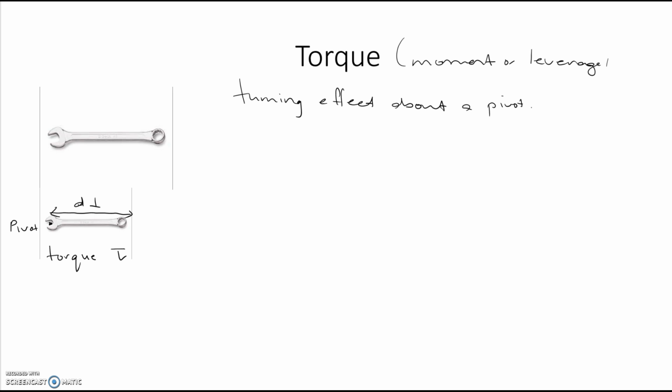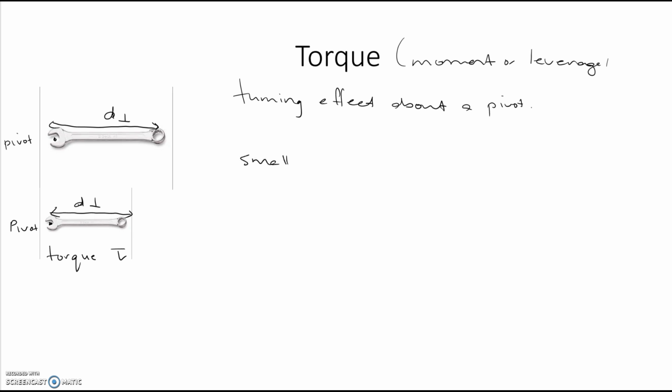So a small force acting at a small distance produces a small torque. The same force acting at a longer distance, from there to there, produces a bigger torque, or a larger torque.